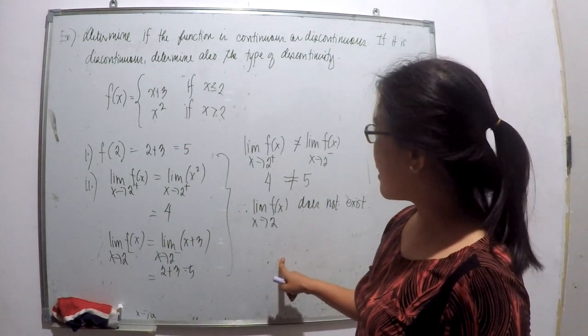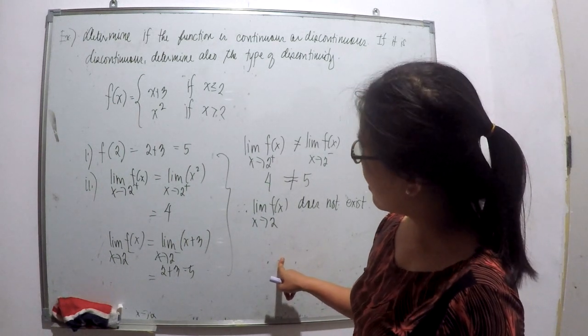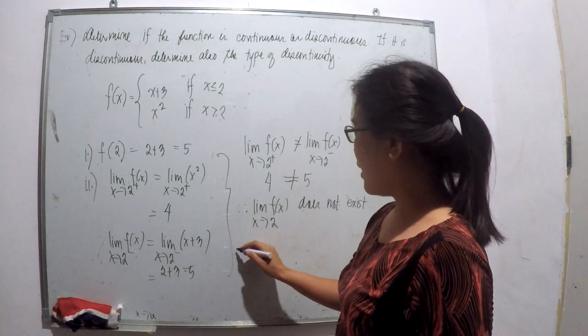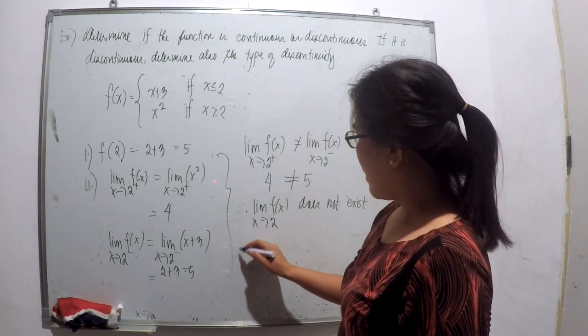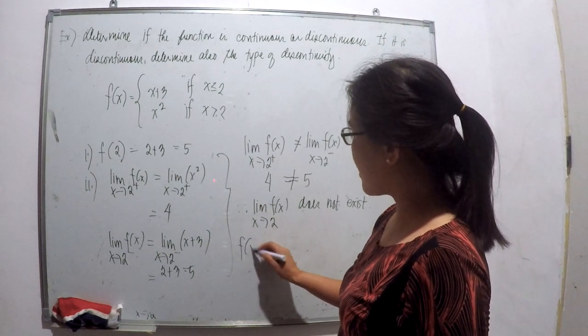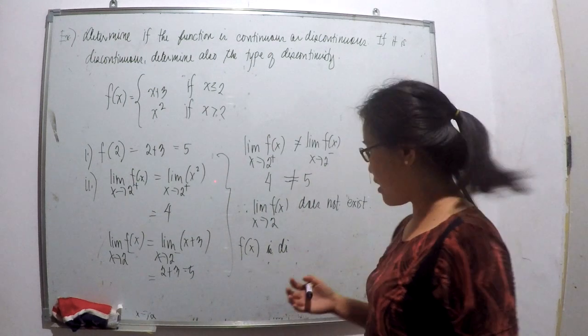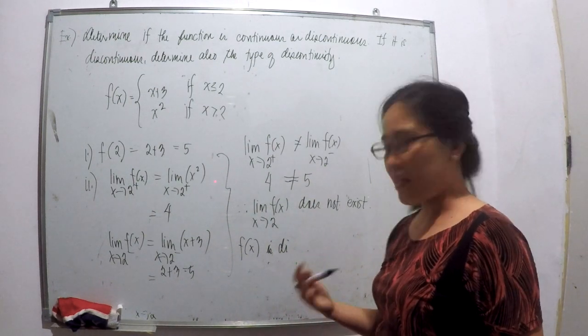Since the limit does not exist in this case, therefore f of x is discontinuous, because the second condition is already not satisfied.